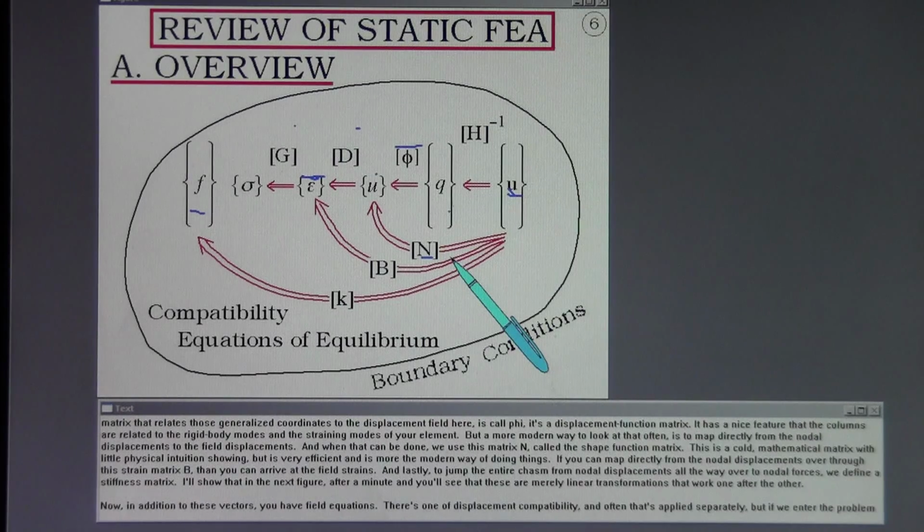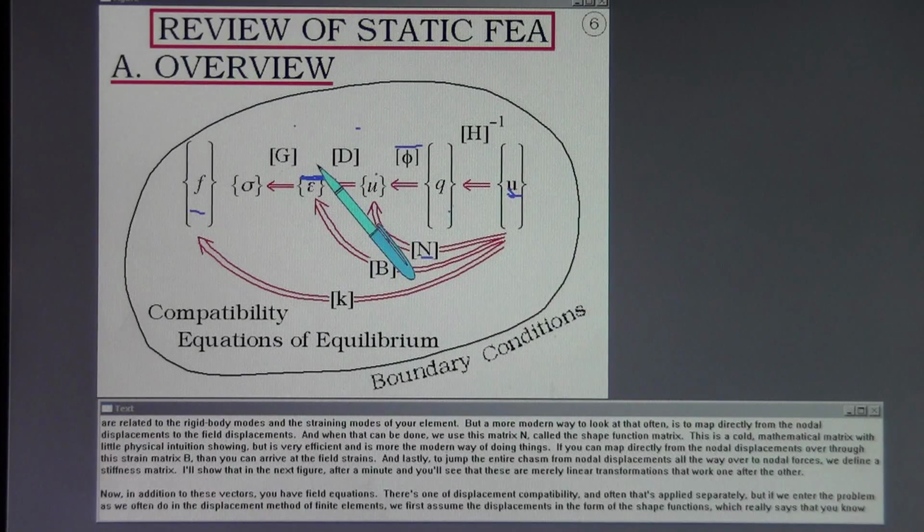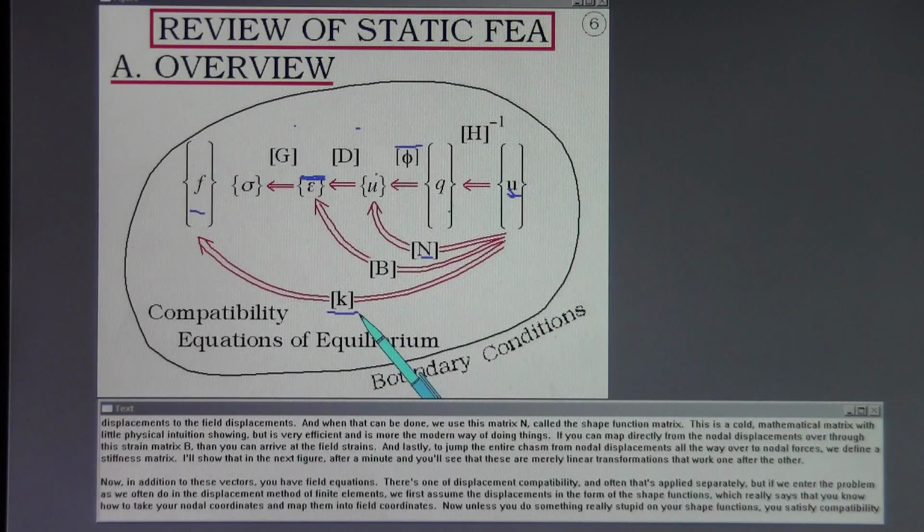If you can map directly from the nodal displacements over through this strain matrix B, then you can arrive at the field strains. And lastly, to jump the entire chasm from nodal displacements all the way over to nodal forces, we define a stiffness matrix. I'll show that in the next figure after a minute, and you'll see that these are merely linear transformations that work one after the other.